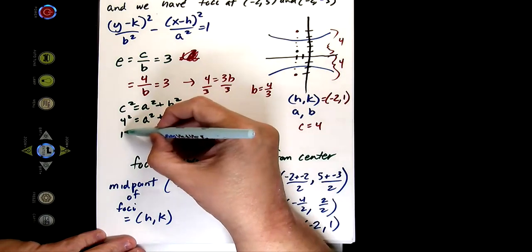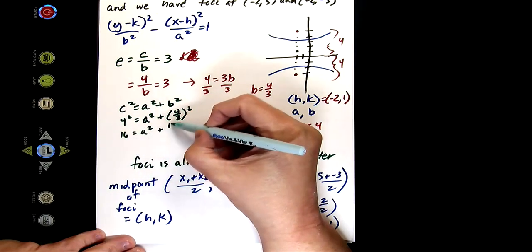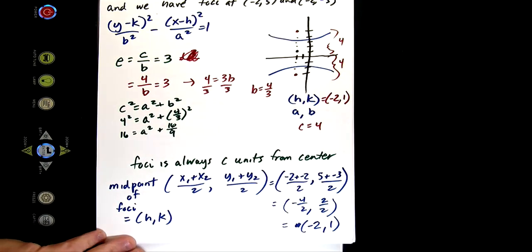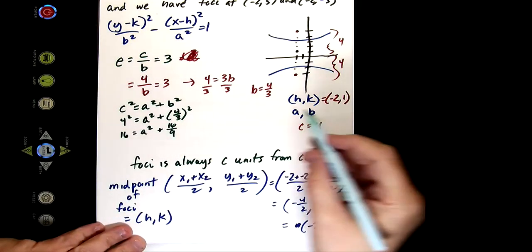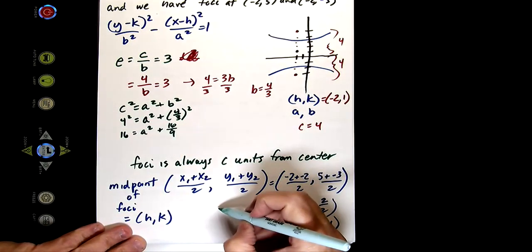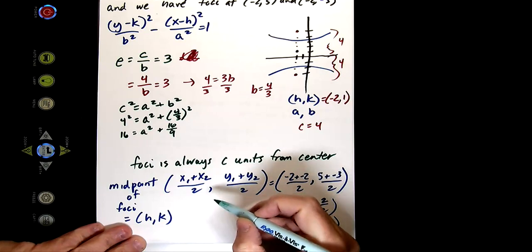I've got 16 equals A squared plus 16/9. What is 9 times 16? 90 and 54 is 144.